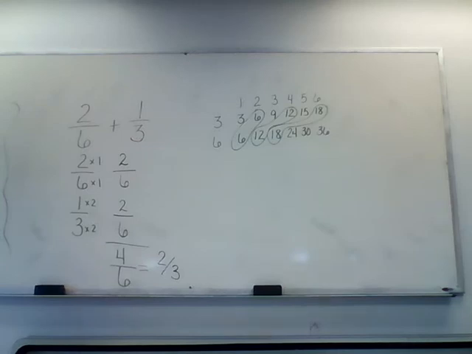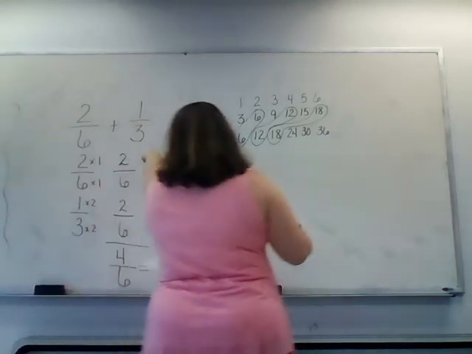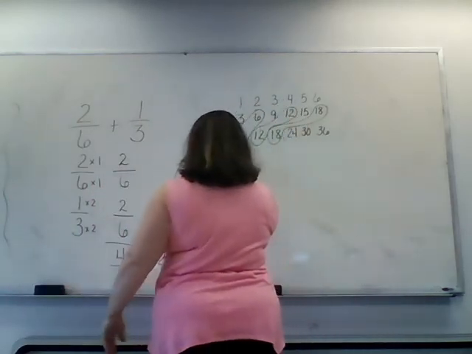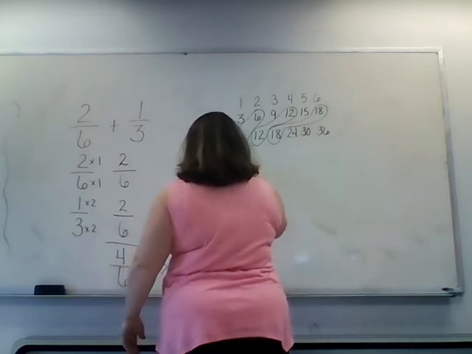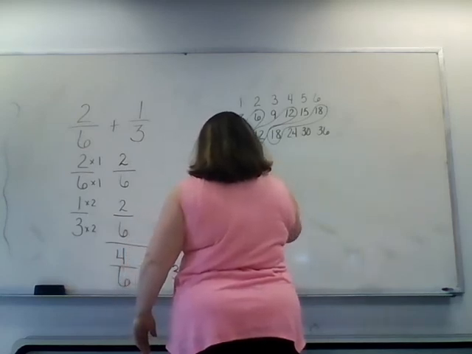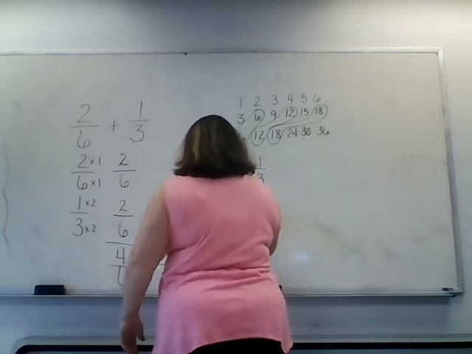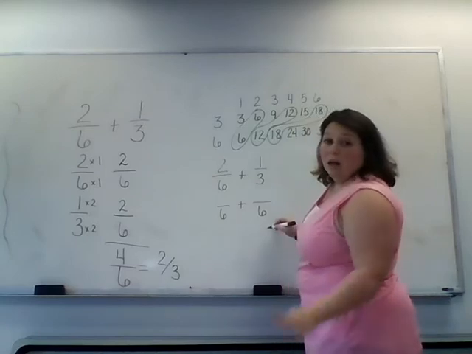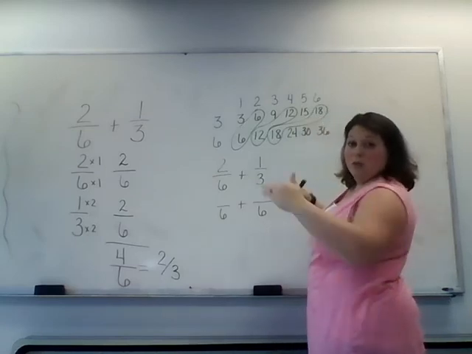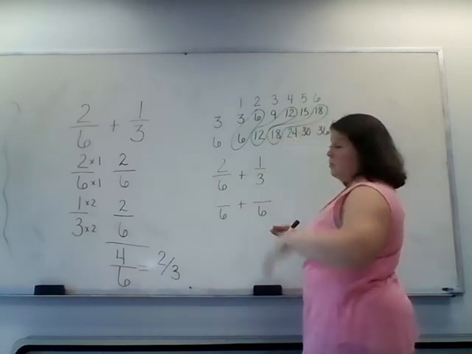Now this can be done the same exact way, but done horizontally or across, depending on what you like. So it's the same, all I'm doing is the same exact thing, but I'm doing it across instead of up and down.